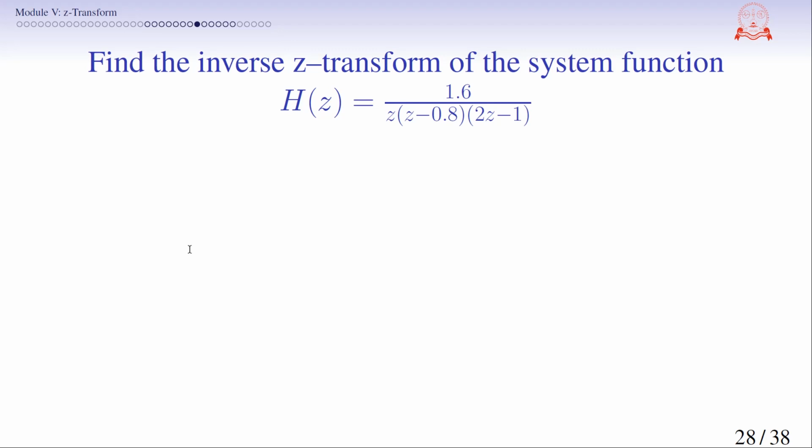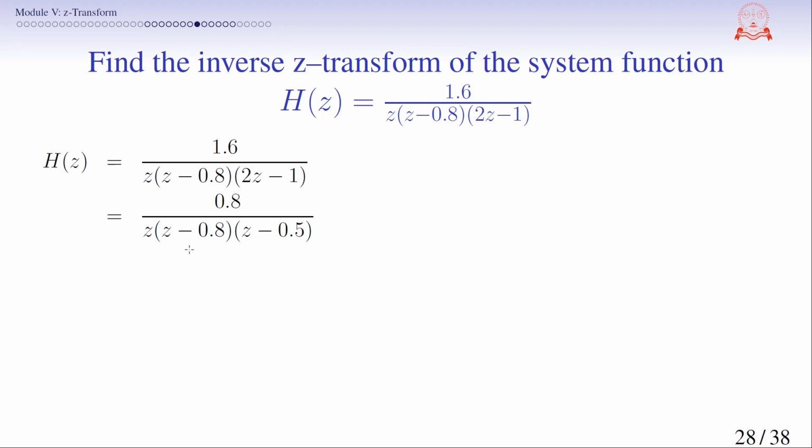Let us go for an example. I have to find the inverse Z transform of the system function H(z) equal to 1.6 divided by z into (z minus 0.8) into (2z minus 1). Rewriting the equation, I will get 0.8 divided by z into (z minus 0.8) into (z minus 0.5).